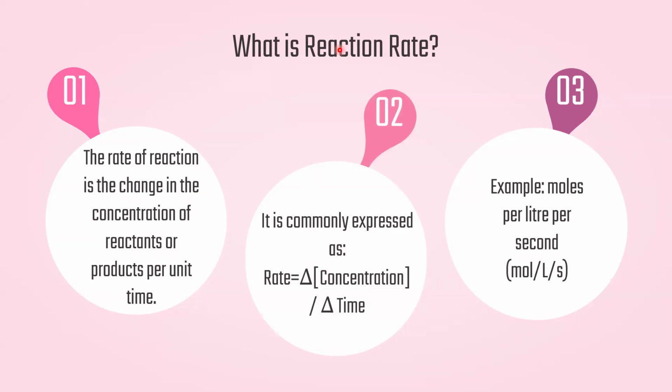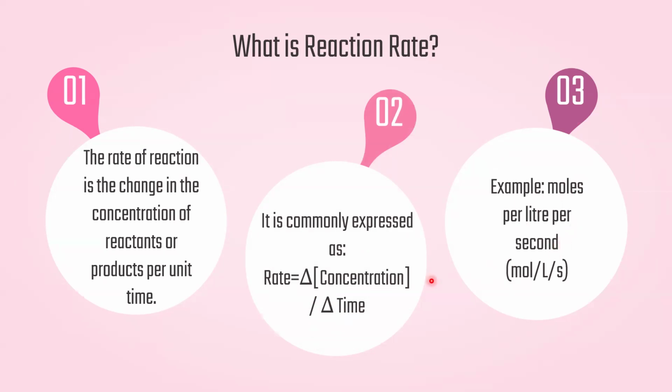So what exactly is rate of reaction and how do we express it? The rate of reaction is expressed by delta concentration divided by delta time. Delta represents the change in the concentration. An example unit is moles per liter per second.